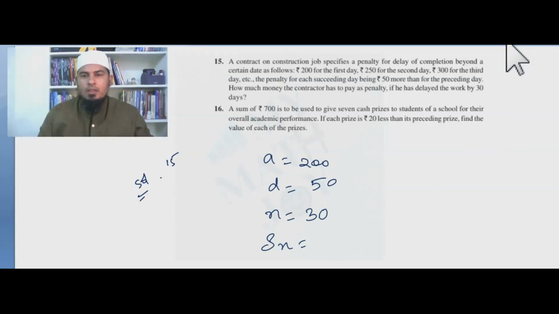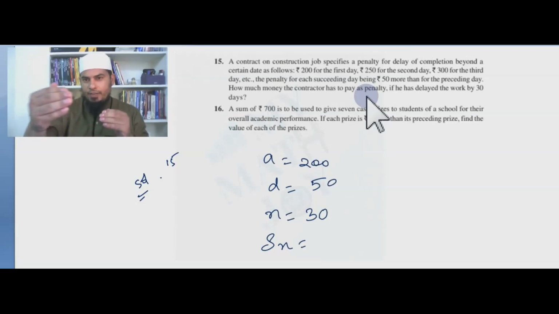So we have written the given, and this became a dead easy question because a is given, d is given, n is given. When we substitute in the formula, n by 2 into 2a plus n minus 1 into d, a, d, and everything, you can do this problem.